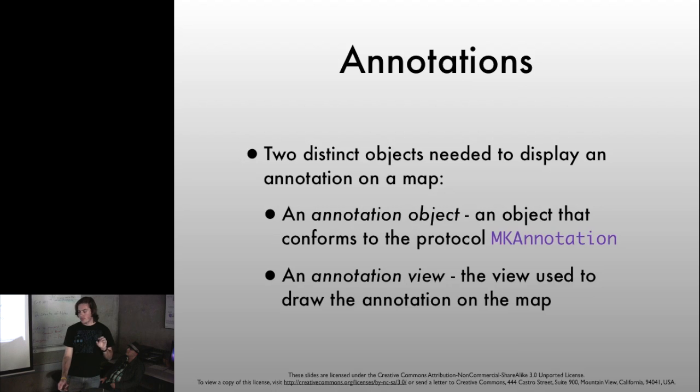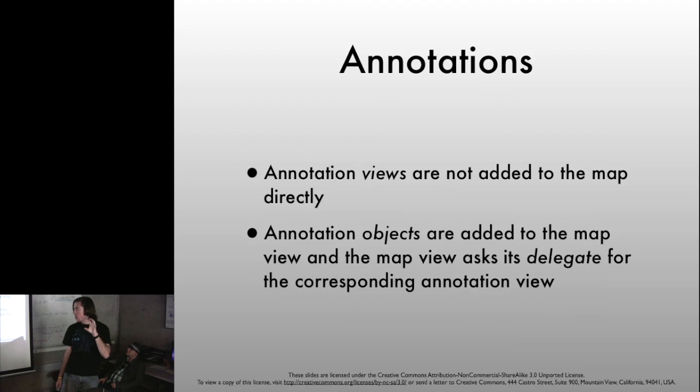The way annotations get on the map may be slightly unintuitive. The annotation views are not added to the map directly. What you do instead is add annotation objects to the map, and then the map view queries its delegate for a view that goes with that annotation.